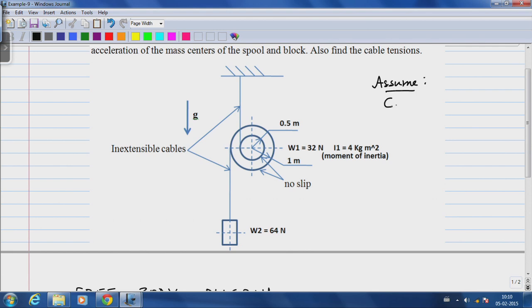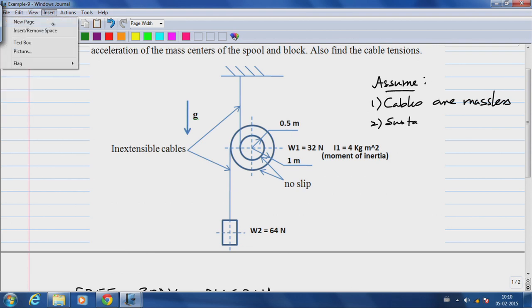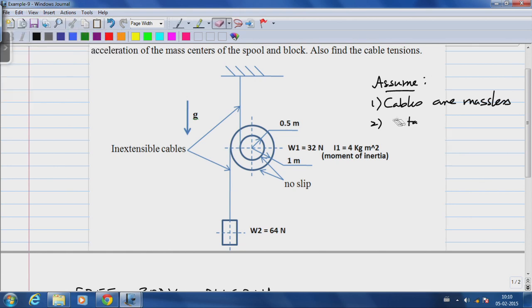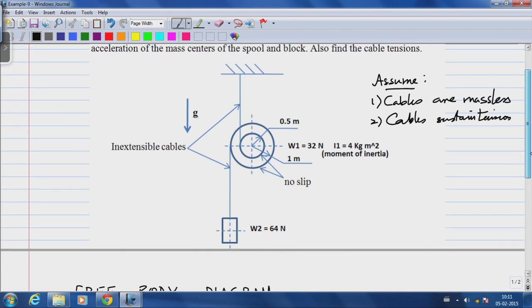We assume the cables are massless, so they do not have an inertia of their own, and secondly, they only sustain tension. The second assumption is really not needed, but it is information you need to be aware of.